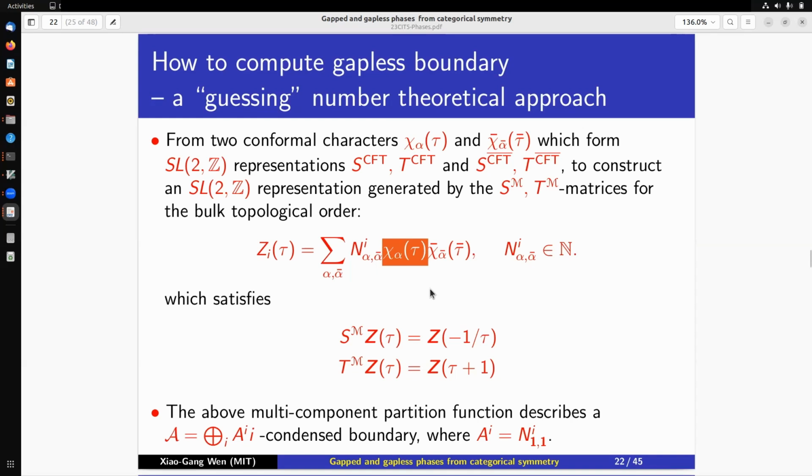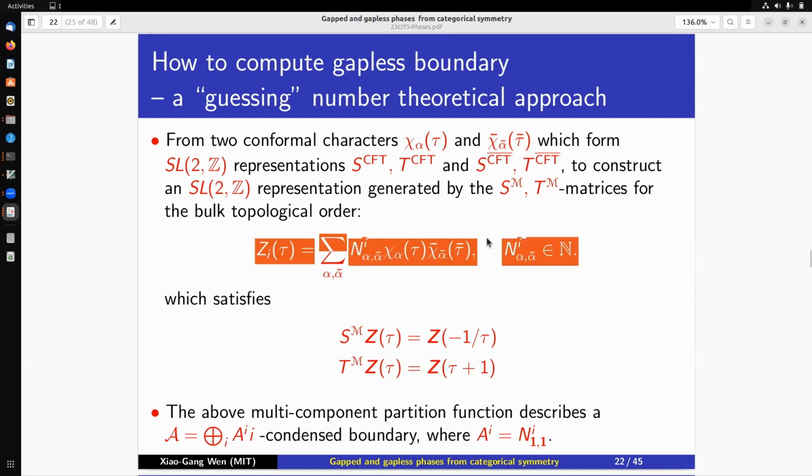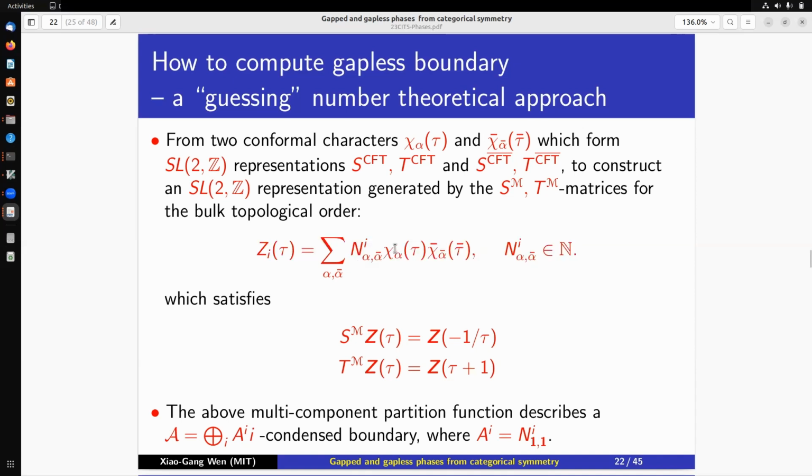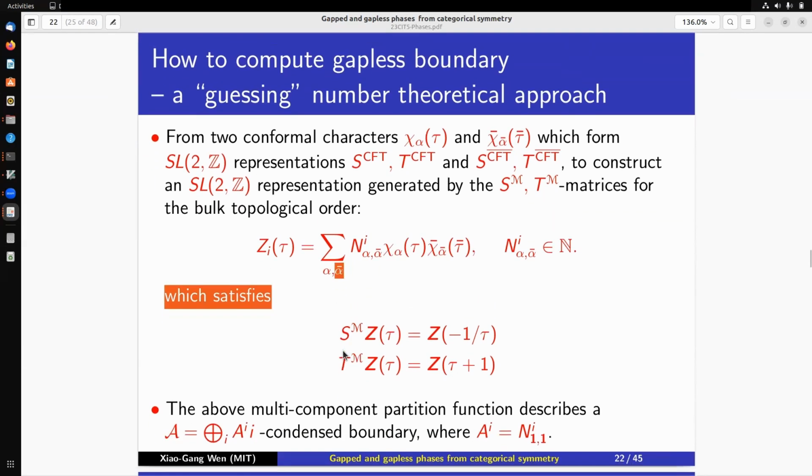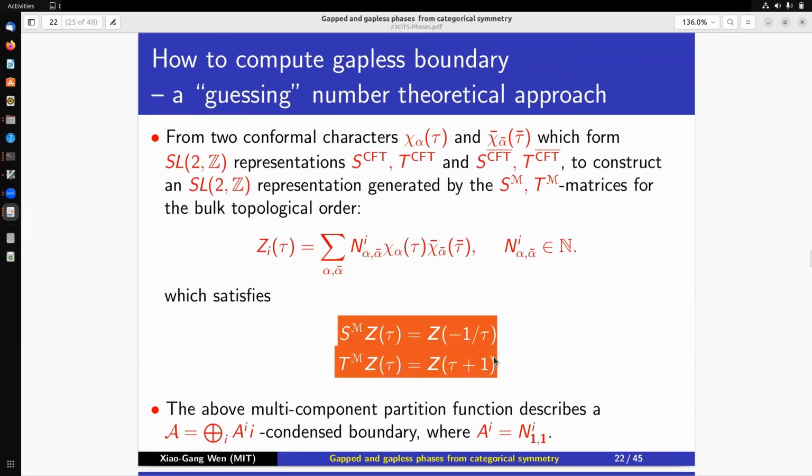So using this library of conformal characters, we just put two characters together and find some non-negative integer coefficients. This construction is guaranteed to give a polynomial with non-negative integer coefficients. And because each conformal character is an SL2Z representation, we just combine two SL2Z representations so that they become another SL2Z representation given by this ST matrix, with this condition.